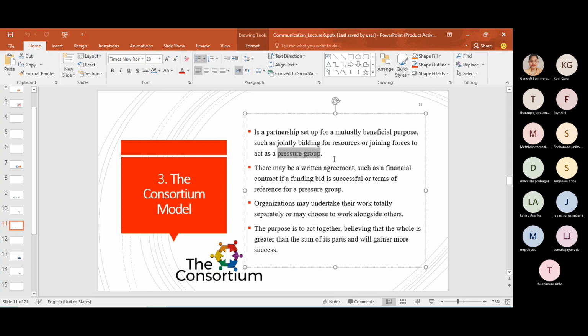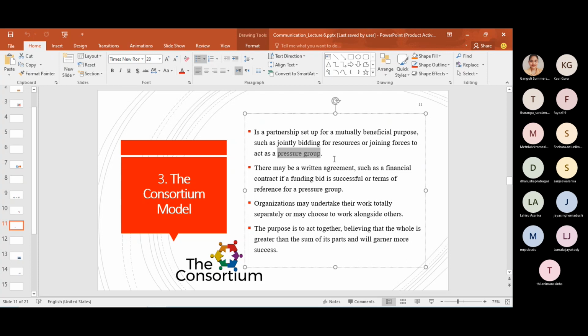A pressure group is a group that tries to influence a certain topic in society. For example, it can be human rights groups, animal rights groups, and employee rights groups. Likewise, you can have several types of pressure groups in the society.